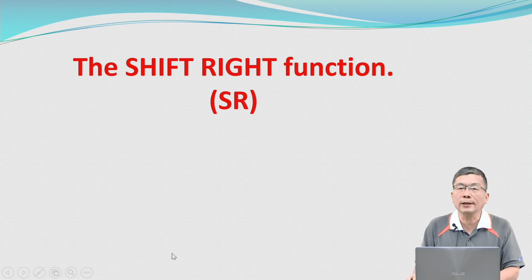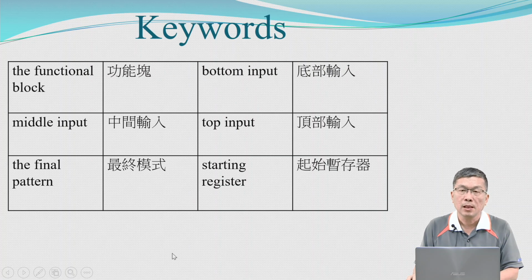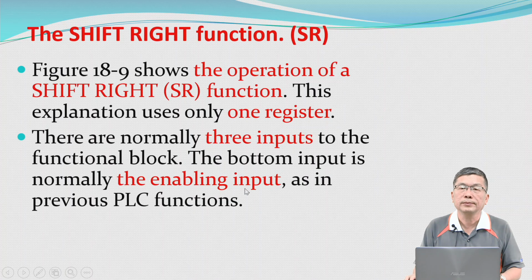The shift right function. The keywords: the functional block, bottom input, middle input, top input, the final pattern, starting register. Figure 18.9 shows the operation of a shift right function.